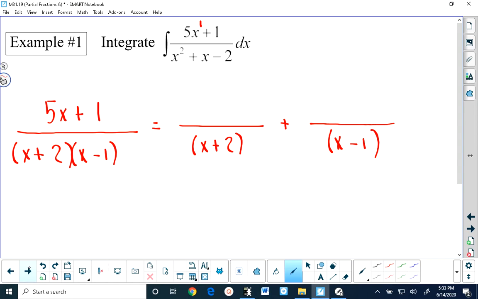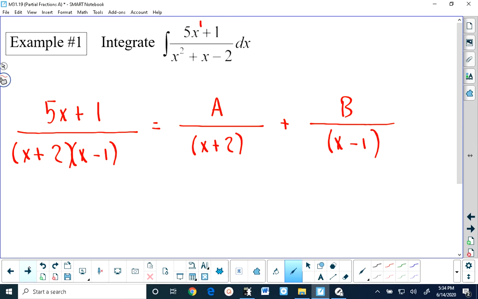And I don't want to get into why, but in this particular situation, the numerator of each of your partial fractions will be a constant. So whatever capital A is, it's a number. Whatever capital B is, it's a number. And your goal is to find out what A and B are equal to. Because if you knew what A and B were equal to, you could rewrite that integral using the equivalent statement on the right side of this equation.